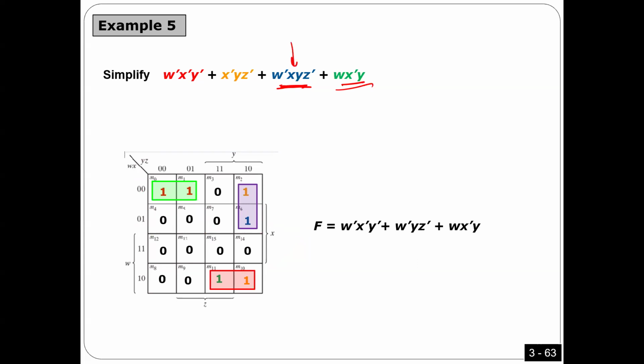I was thinking this should be two ones, but no, this is 4 variables, so it has to be only one square. Every time I try to overlap them, I can't get 2. Because this one is 4 variables, it has to be only 1. So if you see the intersection, you'll find only 1 here.